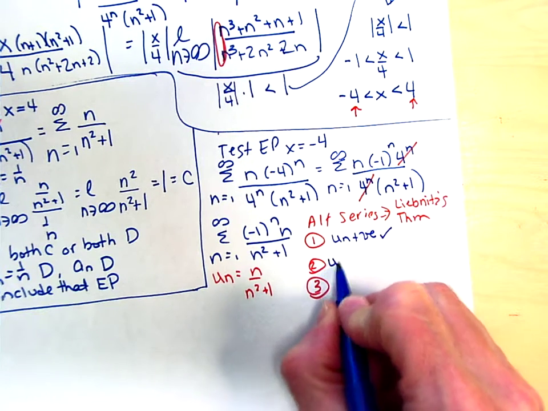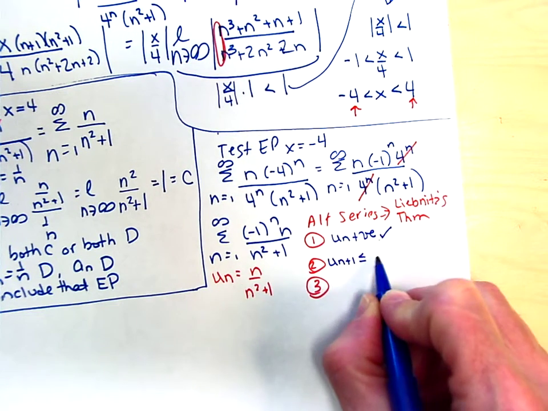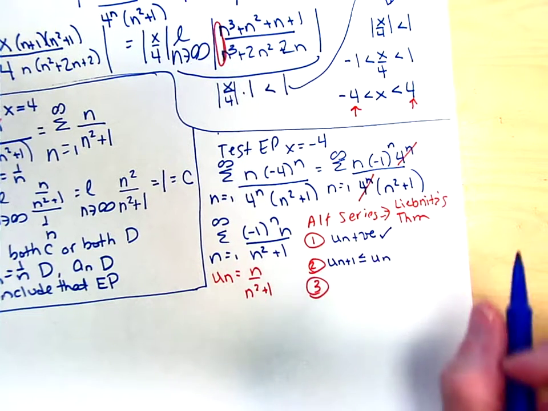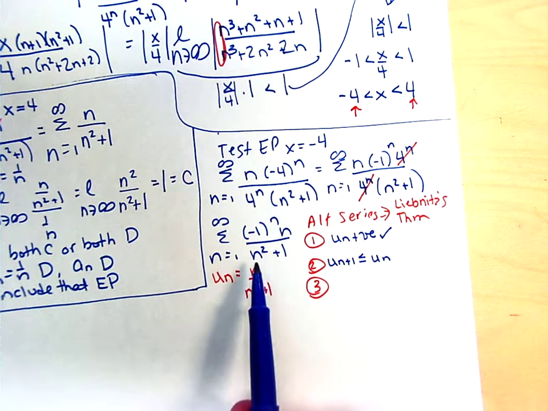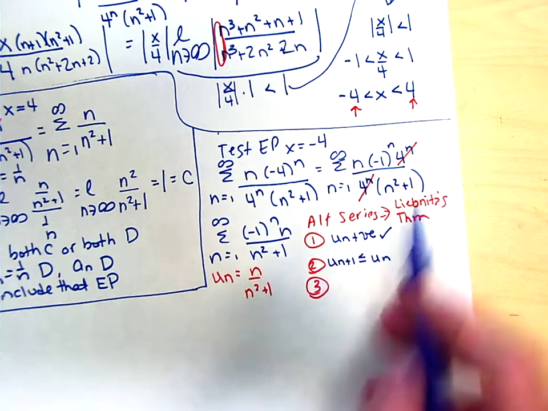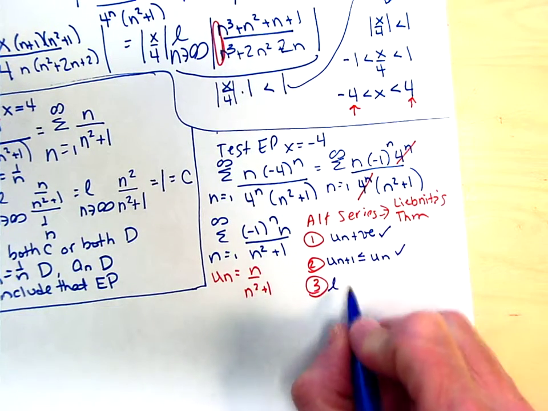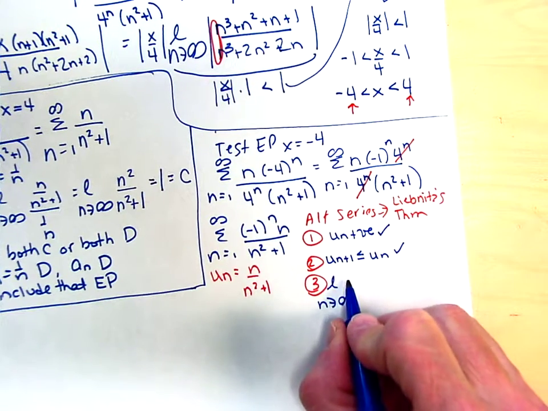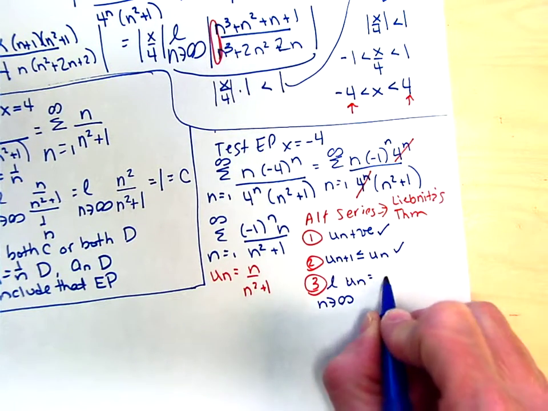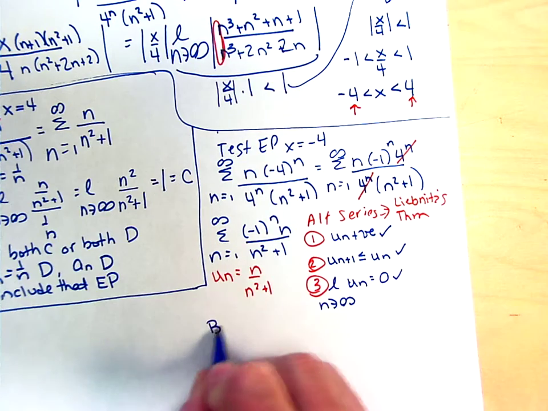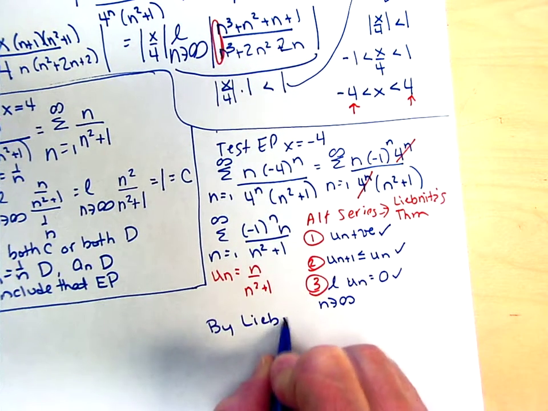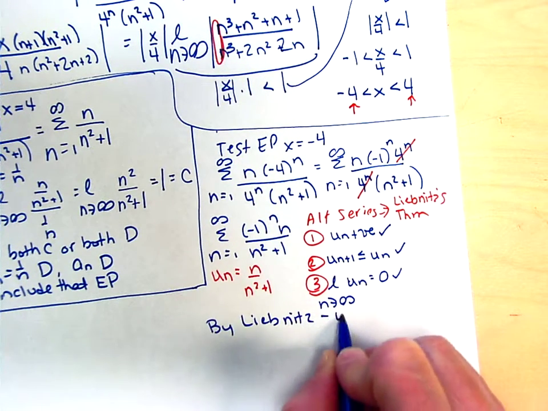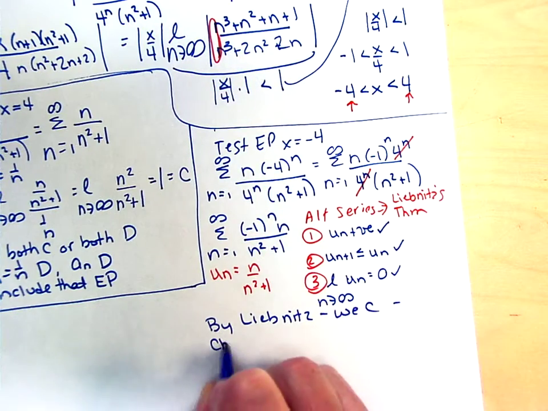Is u sub n plus 1 less than or equal to u sub n? The terms will decrease as n grows, so we get a check for that as well. Then the limit as n goes to infinity of u sub n is equal to 0. So by Leibniz, we converge. Now we have to check for a conflict.